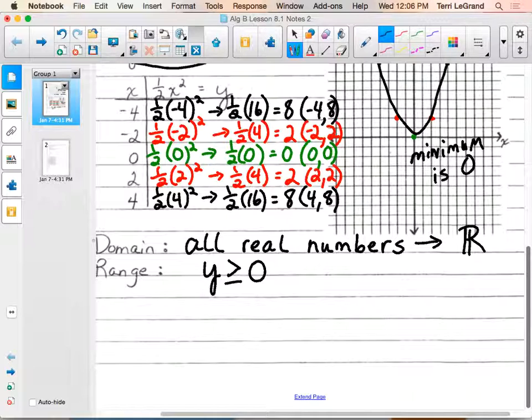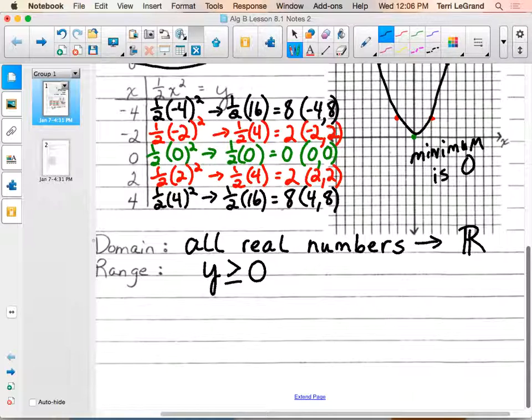All those other points on that curve have y values of more than 0. The vertex, the lowest point, has a y value of 0. So when you write the range, it will always be an inequality. So y, in this case, this was a minimum, so we say it can't go any lower than 0, and it can only go up from there. Does that make sense?